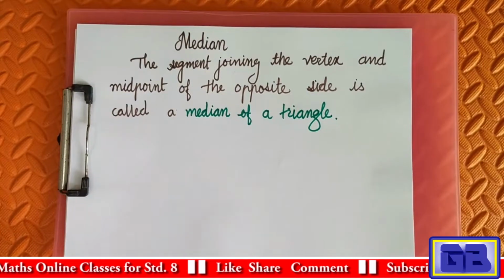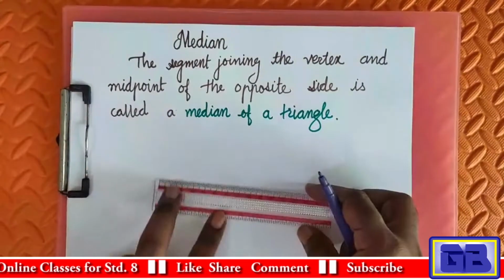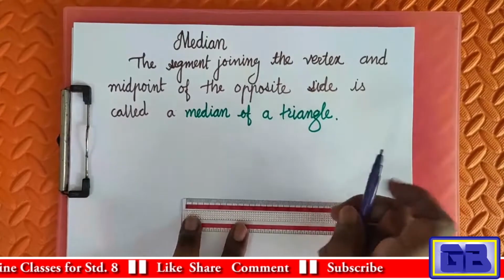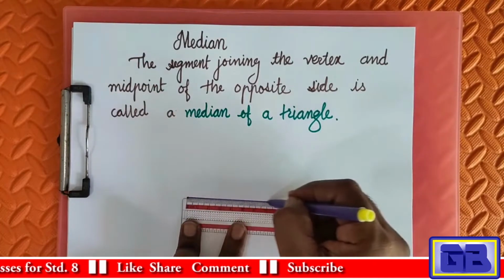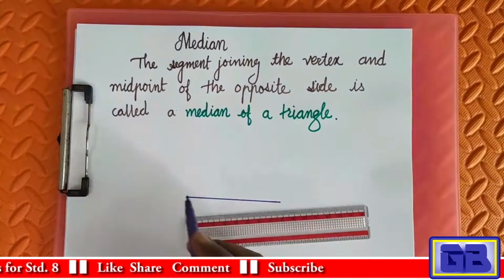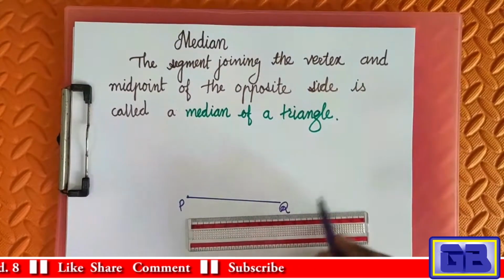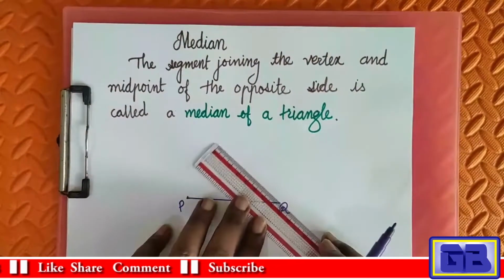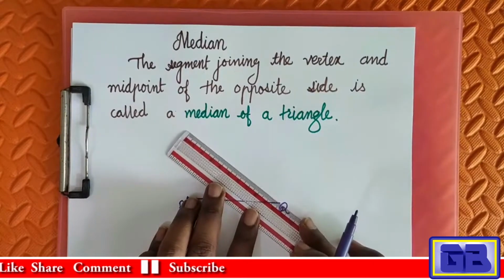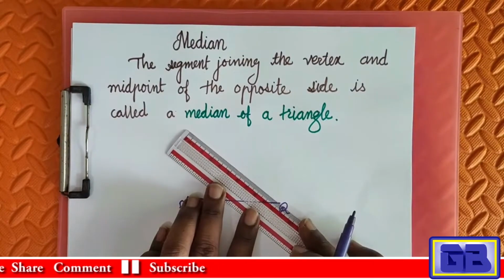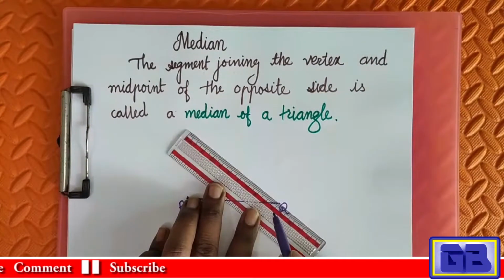Let me explain with the help of a triangle. Suppose I'm taking any segment PQ, and this side I'm taking 10 centimeter.